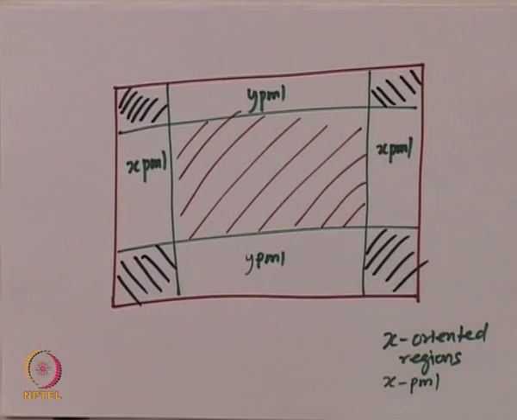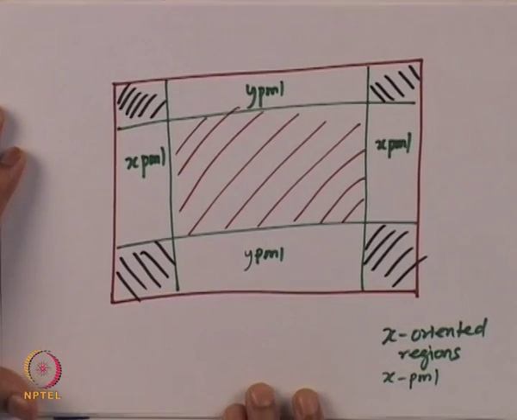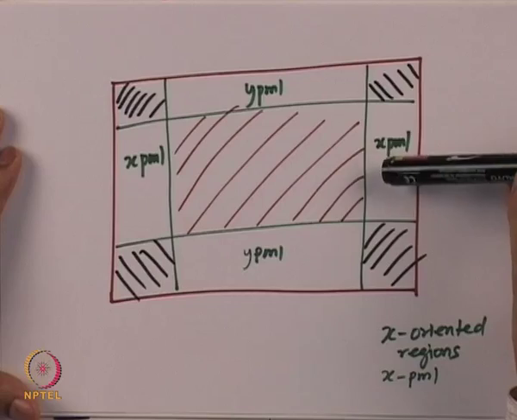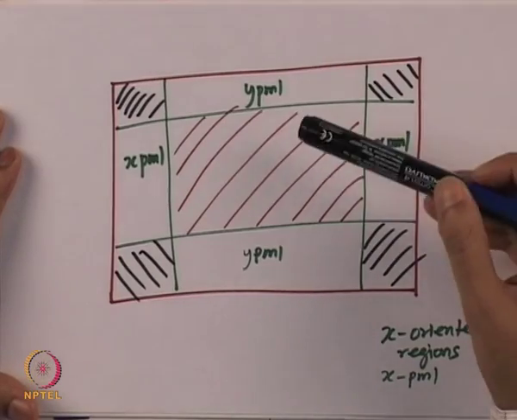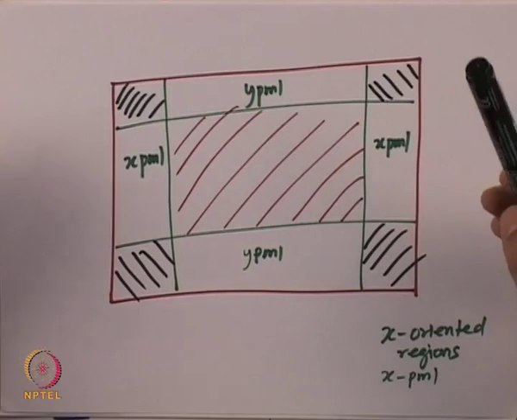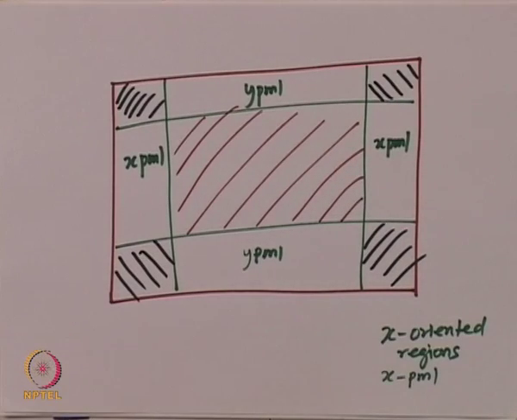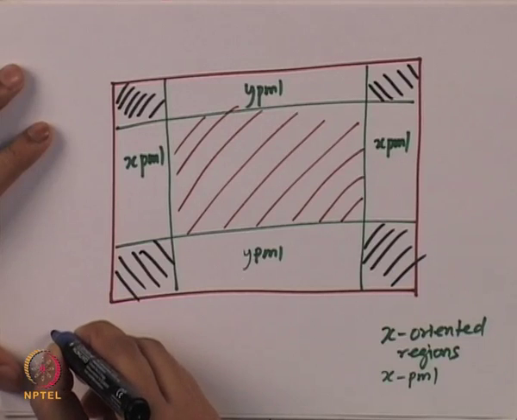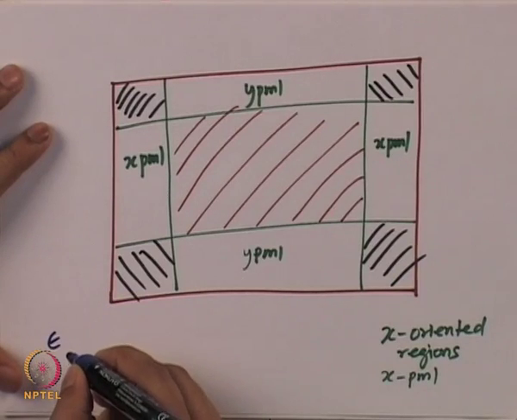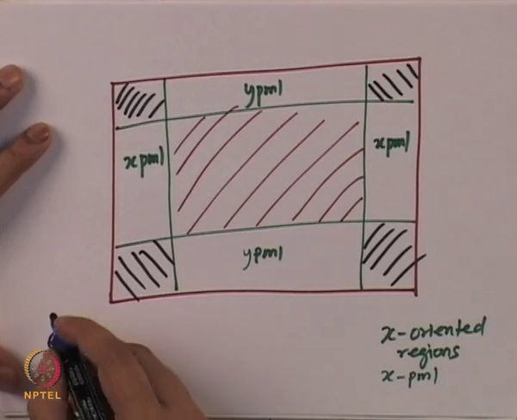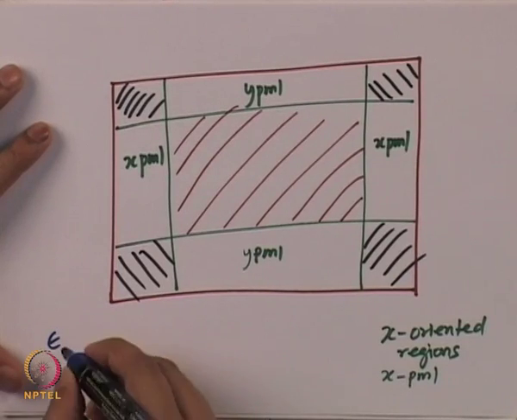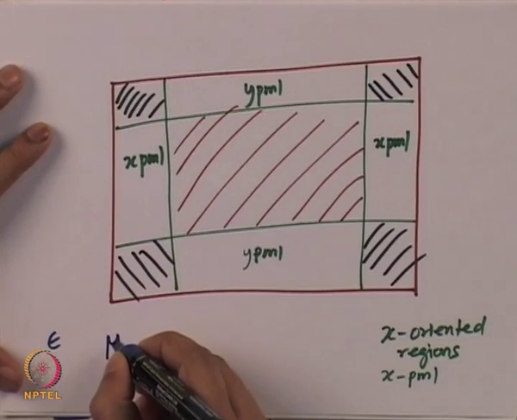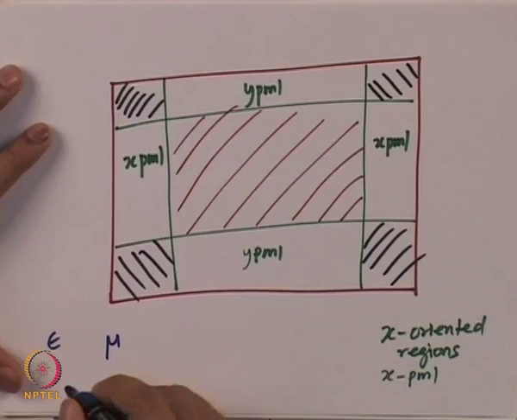So why am I splitting the PML in this way is a question that needs to be answered. The reason for splitting the PML in this way is because the material composition of those regions that we are having in the PML domain are going to have a special property, and that property is called the anisotropy property. What I mean by that is, for an X oriented PML, the permittivity and permeability are not going to be a scalar quantity like epsilon or mu, but they are going to be a tensor.